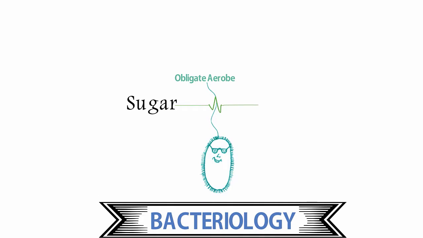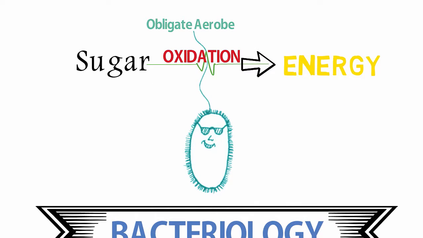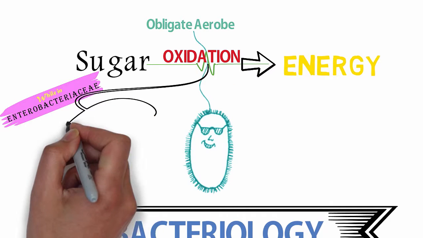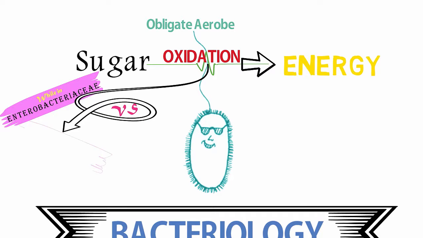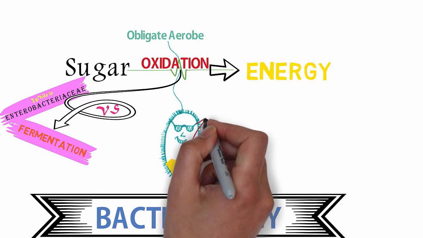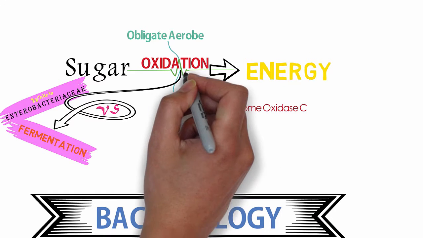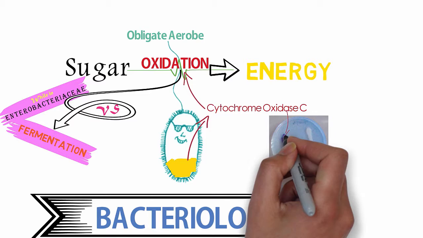It means that it derives its energy from sugar by a process called oxidation, while other enterobacteria derive energy from sugar by fermentation. So make it clear in your mind that Pseudomonas is a non-fermenter. Pseudomonas has a lot of cytochrome C oxidase.